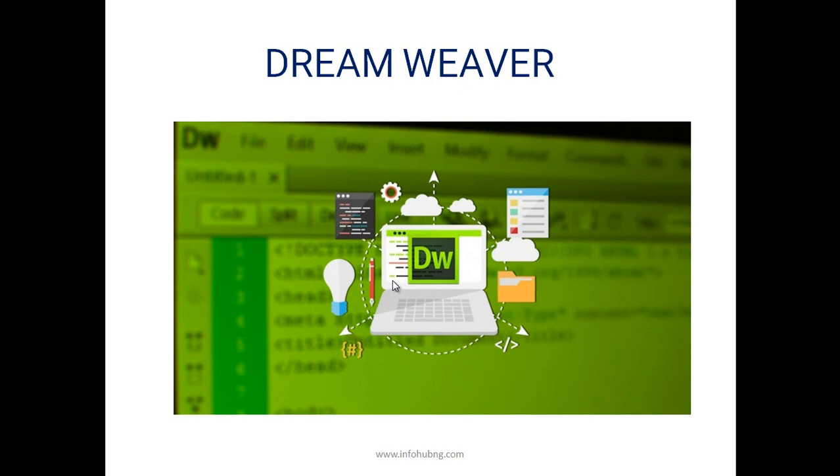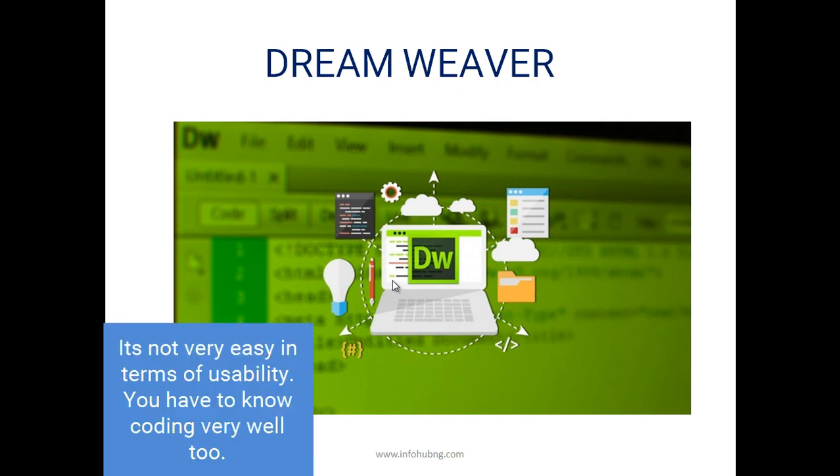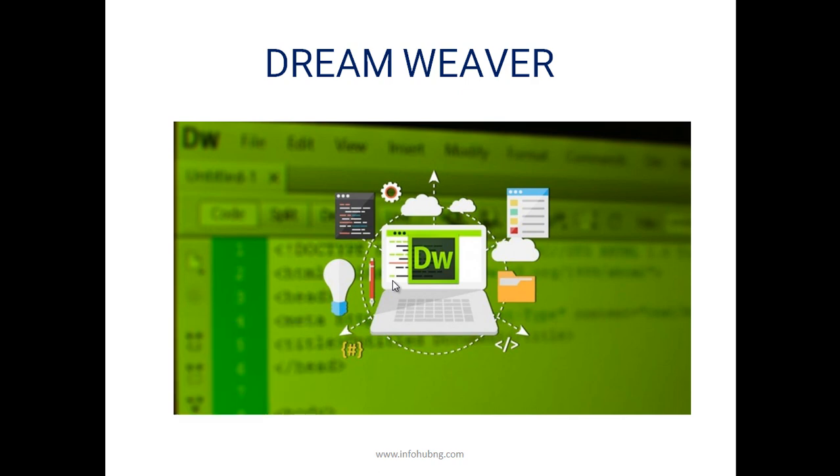Dreamweaver is a software by Adobe that helps us create websites using a visual option. We can use the code option, but at the same time we can drag and drop images with a visual builder to construct a website, and that is the second option.